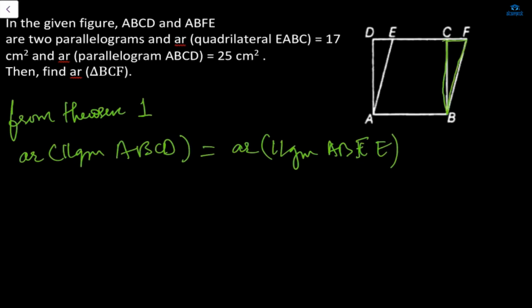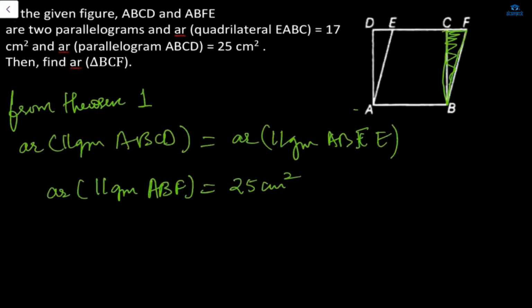If you see, the area of ABFE is not given. So from here, area of parallelogram ABFE is equal to 25 centimeters square, because the areas of both the parallelograms are equal.